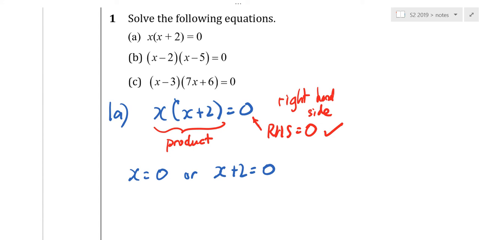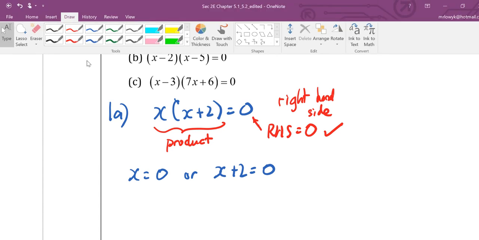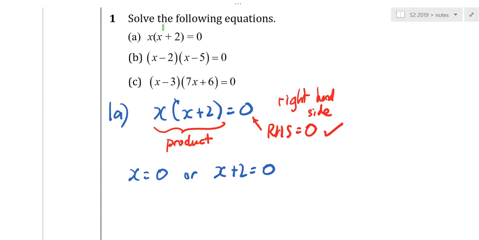Because I'm asking you, okay, allow me to use highlighter. I have one bracket times another bracket equals to 0. Can you use guess and check? If I ask you, if green color thing is equals to a number, what must my blue color thing be? 0.